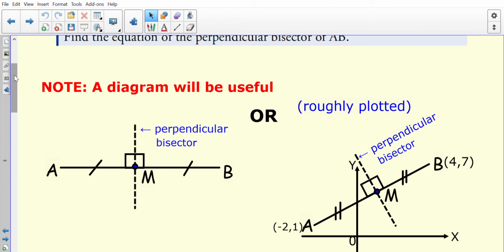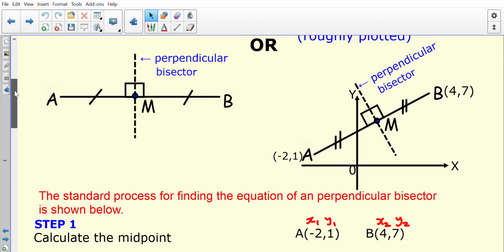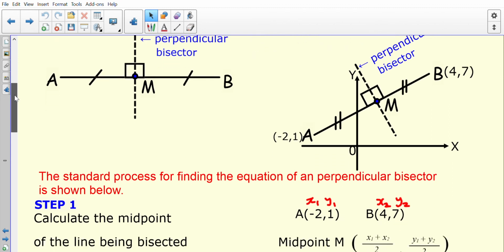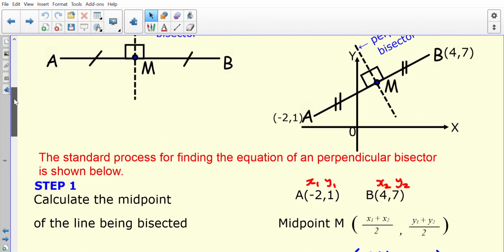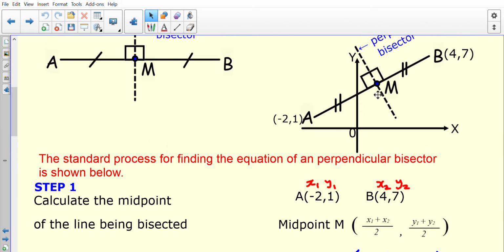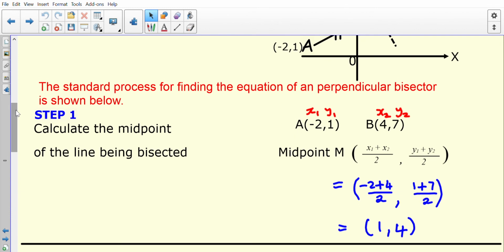So the steps to find the equation of this perpendicular bisector: first thing we need to do is look at where the midpoint of AB is. The midpoint of AB is this dot here where M is. The midpoint is halfway between (-2, 1) and (4, 7).